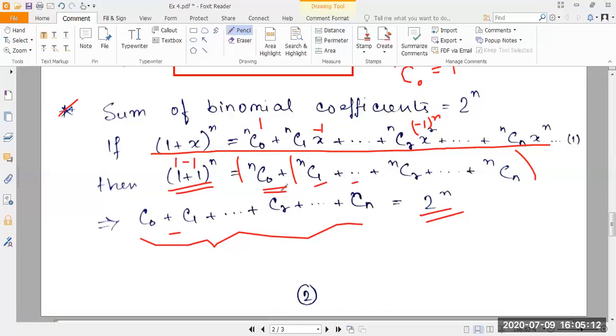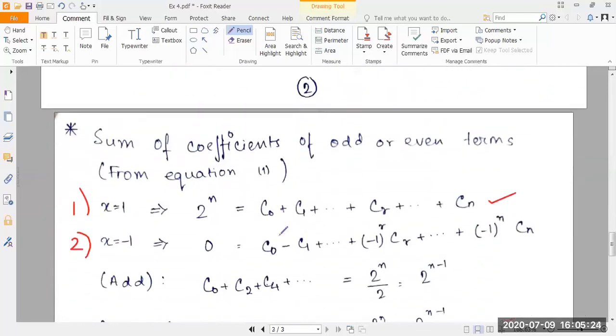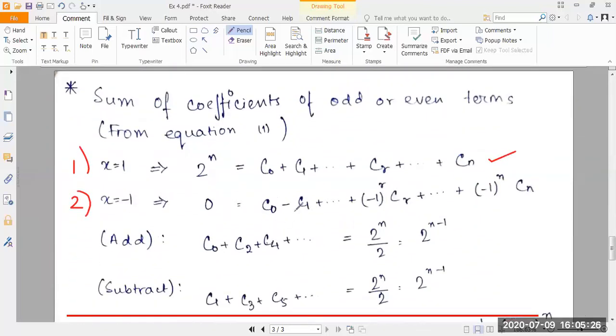So if the (r+1)th term is at an even position, then there will be a minus. And if the (r+1)th position is an odd position, then there will be a plus. So going by that procedure, we have 0 = C0 - C1 + ... + (-1)^r Cr + ... + (-1)^n Cn.